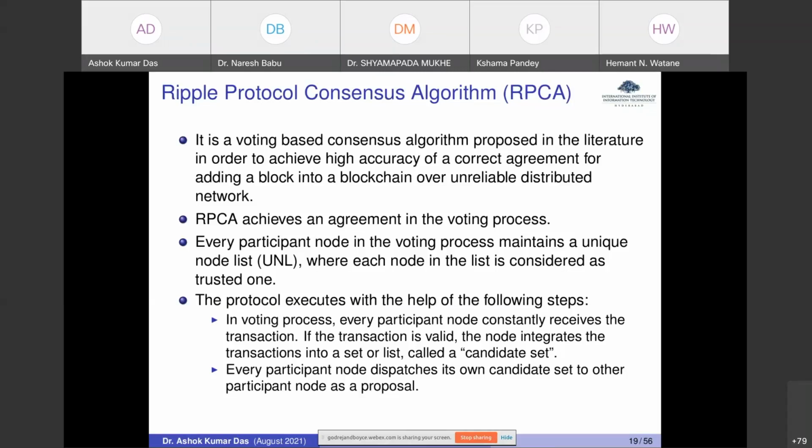The Ripple protocol consensus algorithm, in short known as RPCA, is a voting-based consensus algorithm, which is used to achieve a high accuracy of correct agreement in order to add a block into a blockchain.